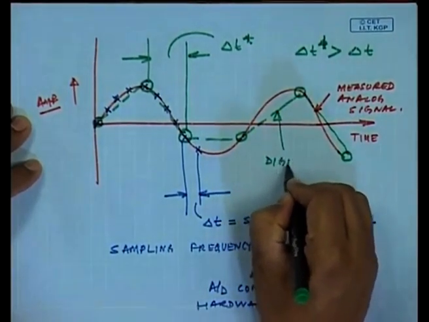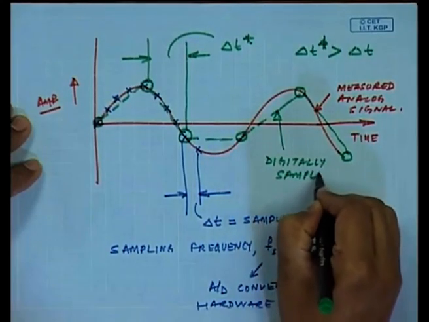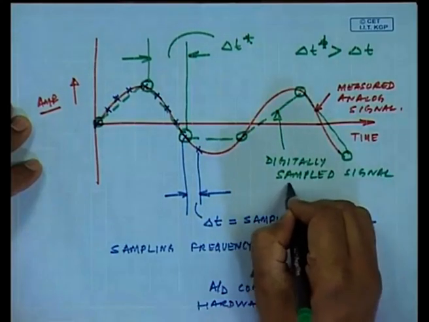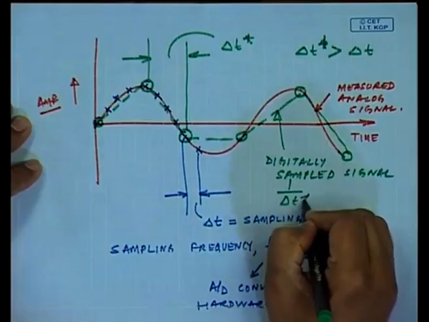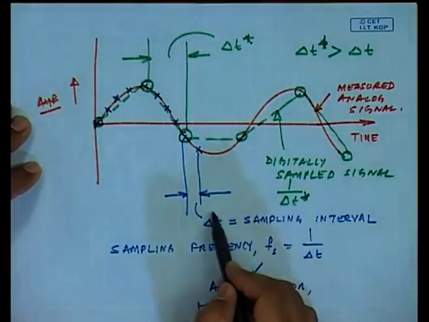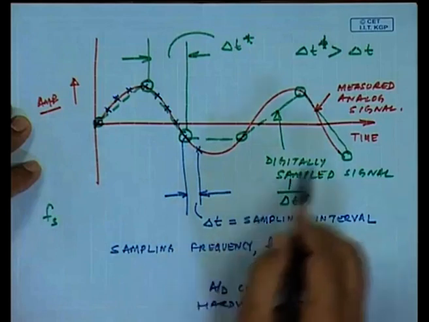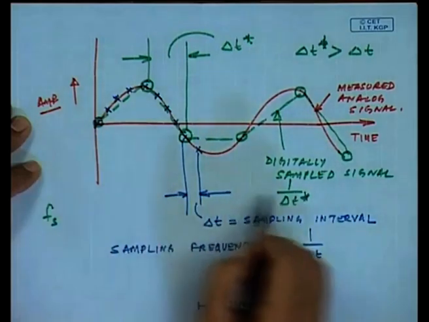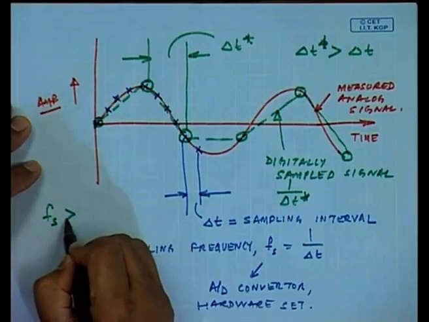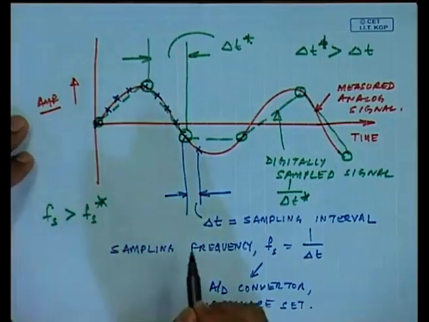So this is my digitally sampled signal at a rate of 1 by delta t star. The original blue one I had shown with delta t had a sampling rate f s, and the new one is at a lesser sampling rate, f s star, where f s is greater than f s star.